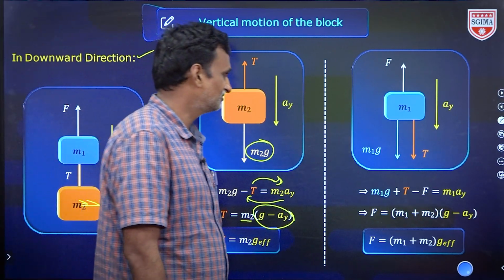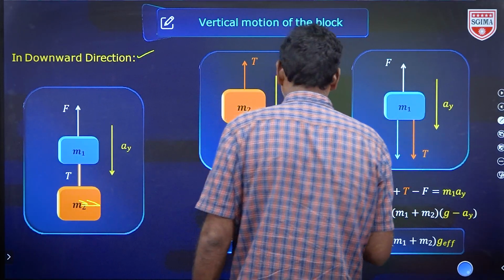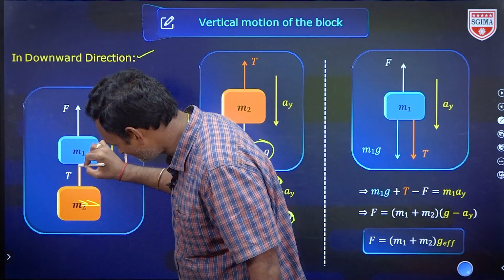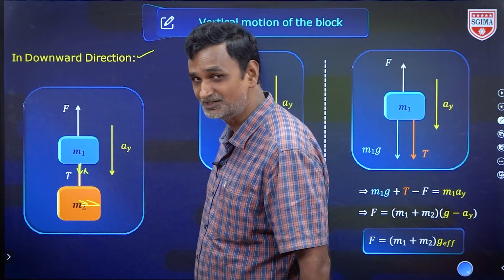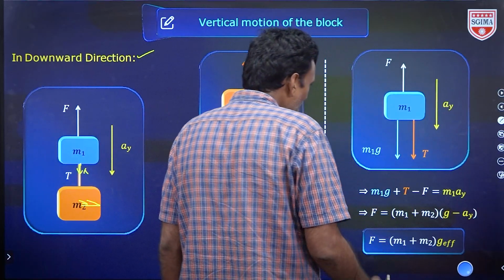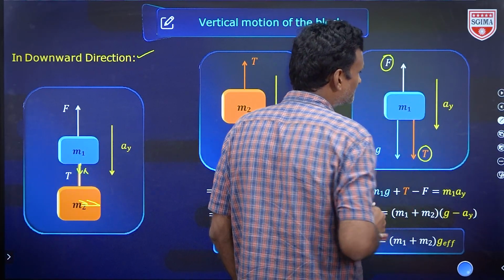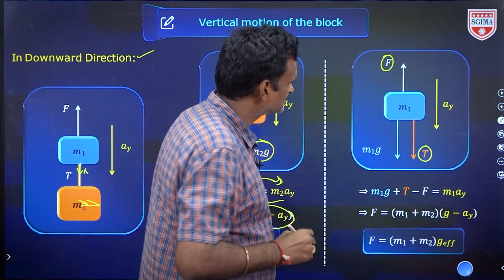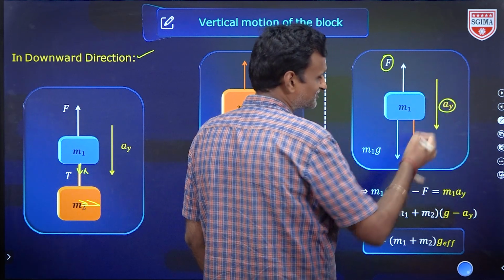Next, for the M1 block: downward force is the weight and downward force is tension T, because it is connected to the other block. Upward force is F. Total downward force minus total upward force equals M1a, because acceleration is downward.